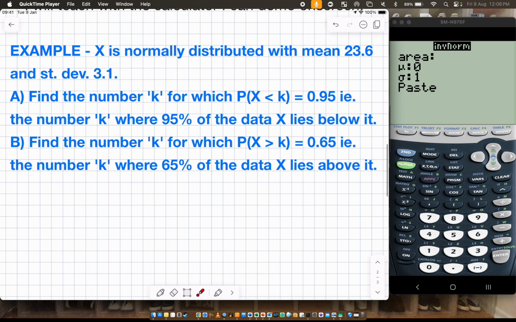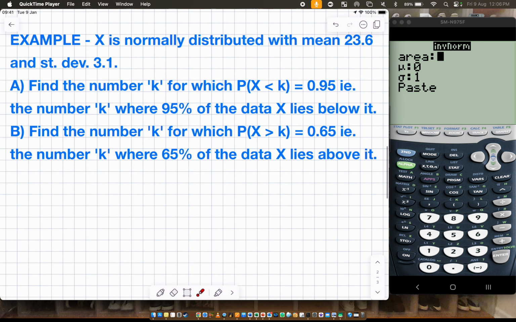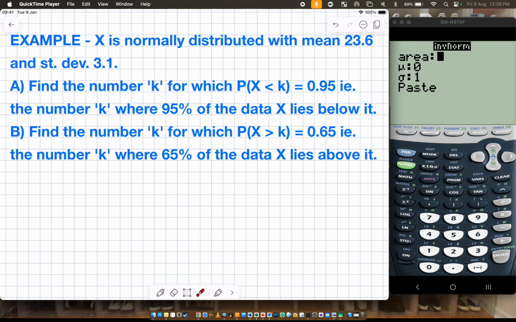Example, X is normally distributed with a mean of 23.6 and standard deviation of 3.1. I want to find the number where the proportion below the number is 95%. So is that looking for data below the number? To the left? So what would I chuck into the calculator? I would go inverse normal. The area is 0.95.